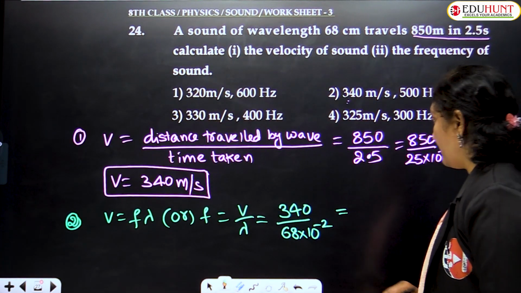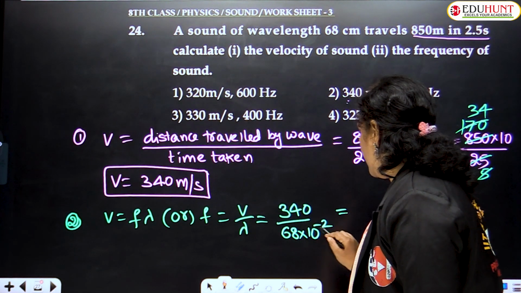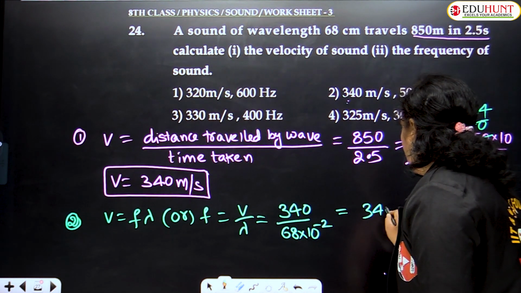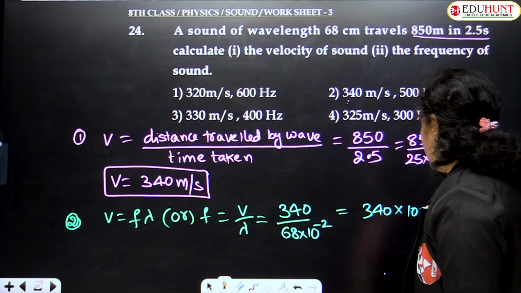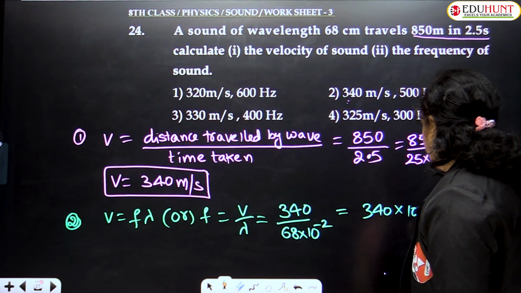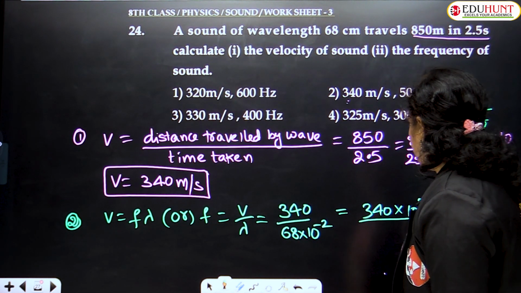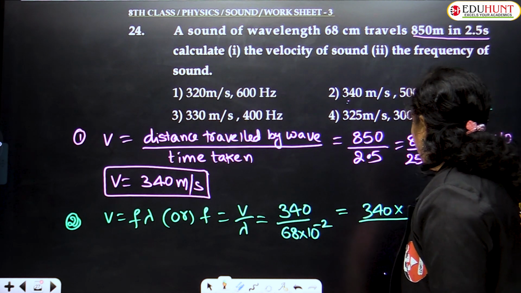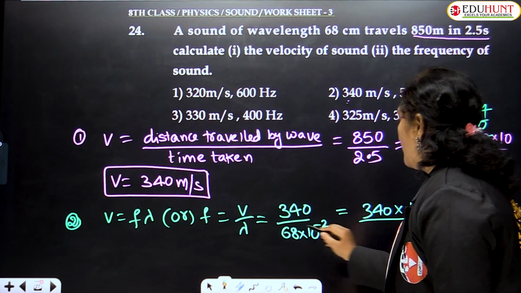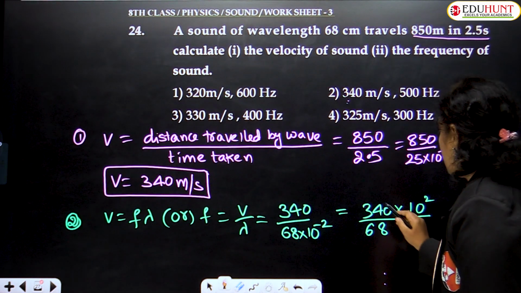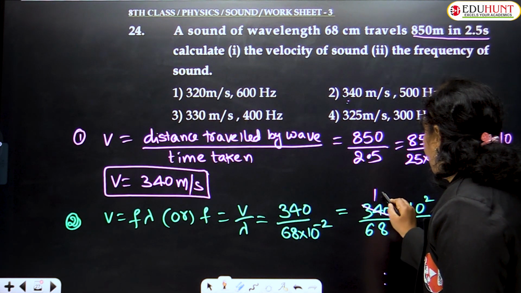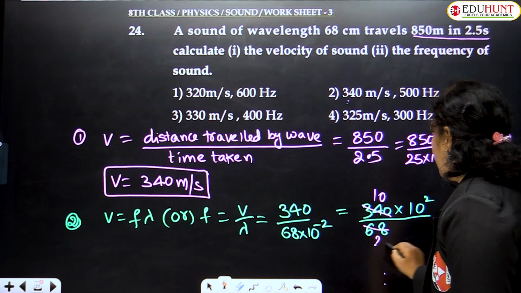Okay, simplify, children. Look at this carefully. 340 into 10 square comes up, the 10 power minus 2 goes up and becomes 10 square, upon the denominator 68. Got it? So this is 34 ones and 10, this is 34 twos.